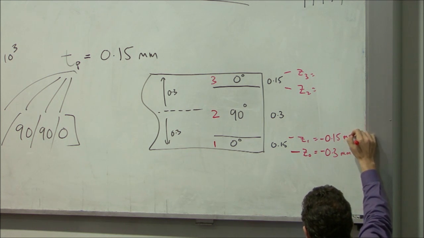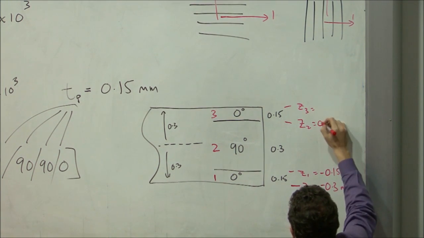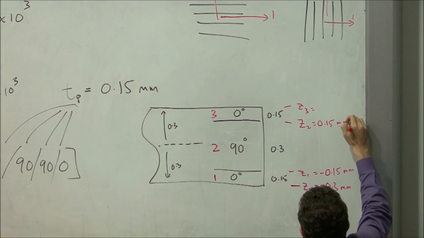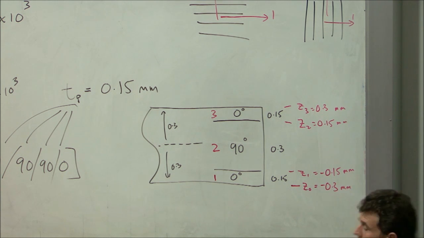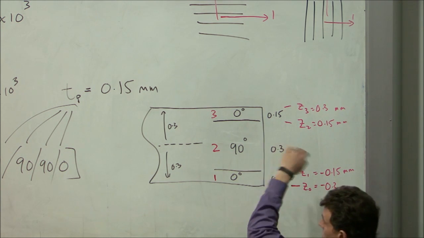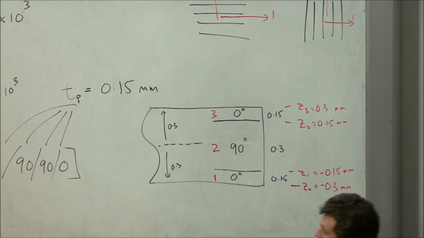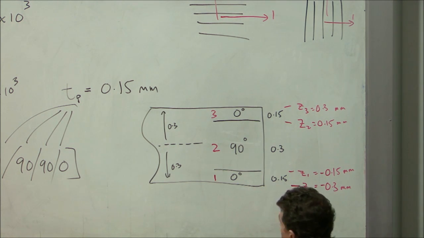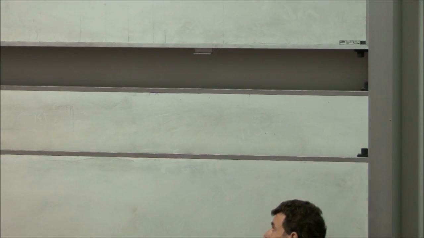Minus 0.15 millimeters. Z2, 0.15 millimeters, and Z3, 0.3 millimeters. We're just giving ourselves datums to do our calculations with. So we'll keep that up high and we'll start our calculation.